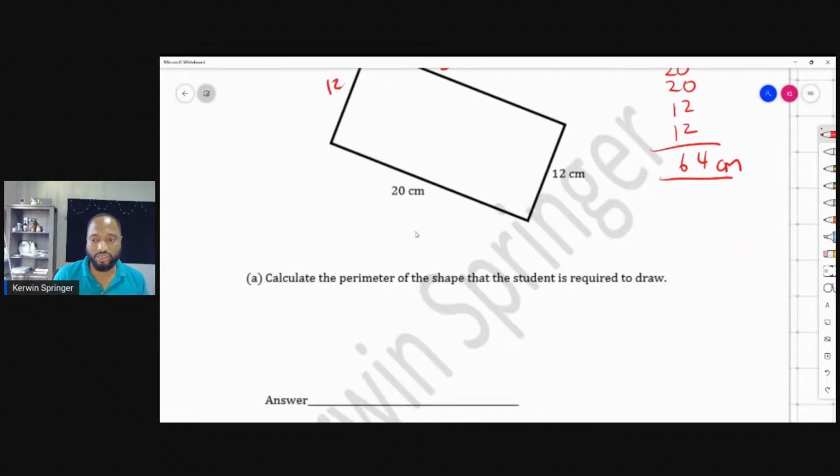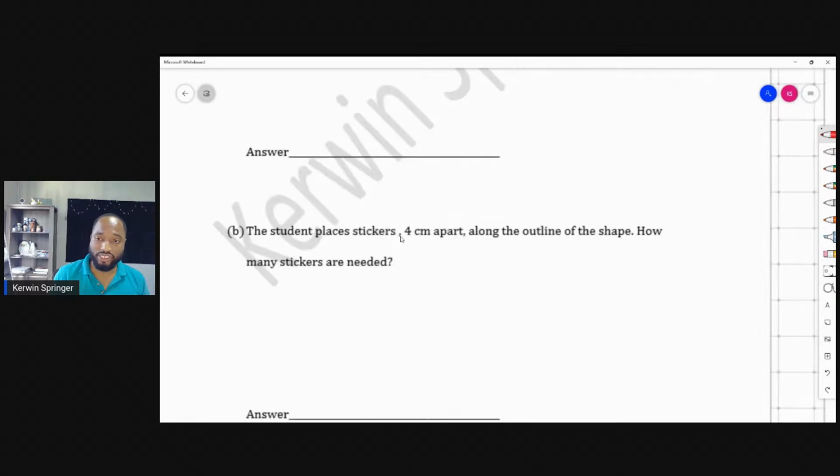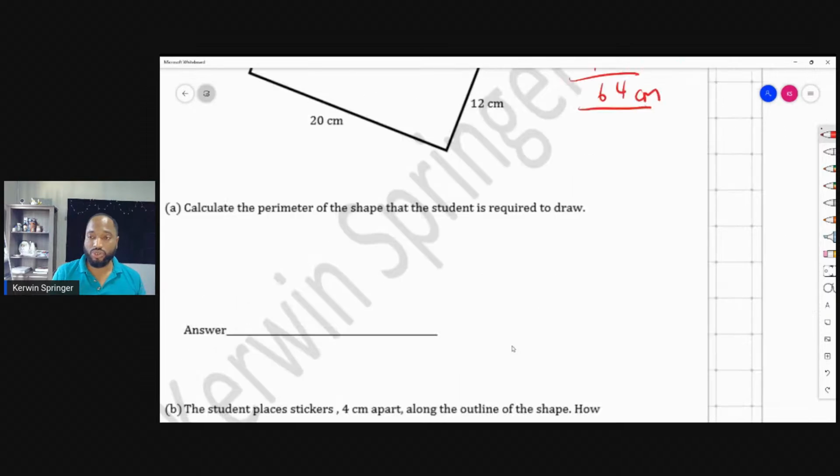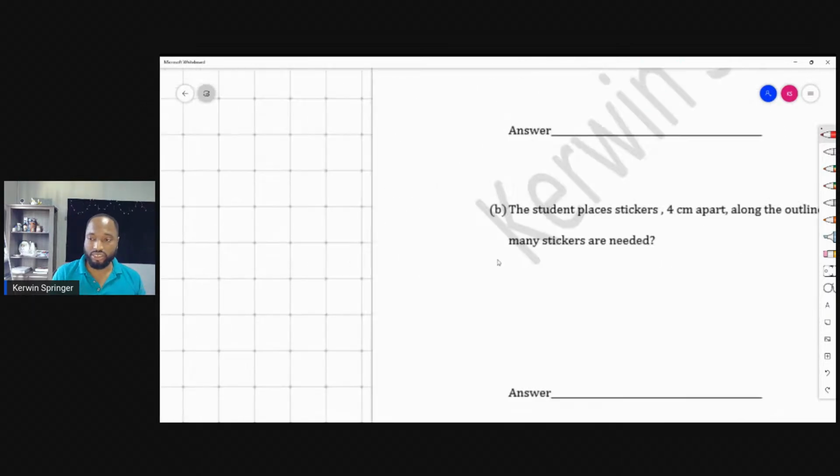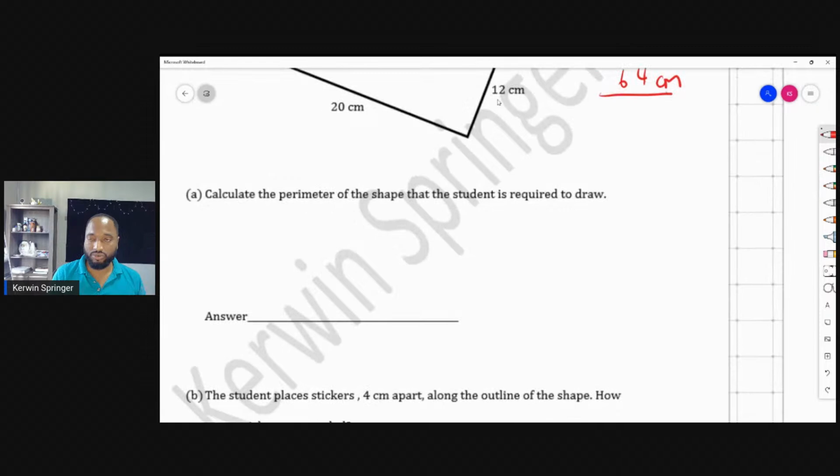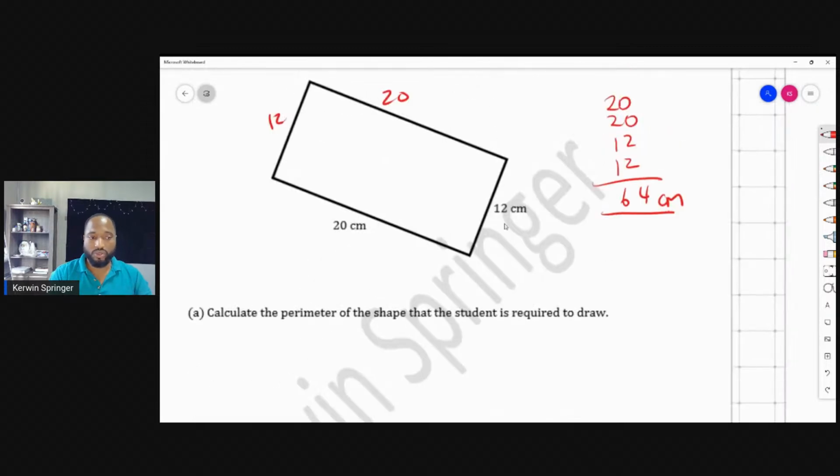64 centimeters. That's it. The student places stickers 4 centimeters apart along the outline of the shape. How many stickers are needed? So let's just consider this to see what's going on here.